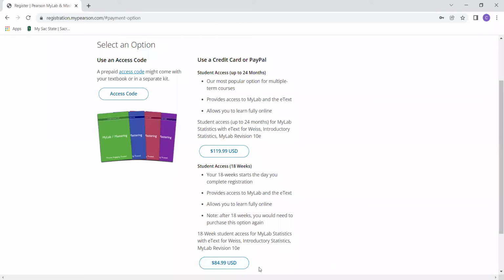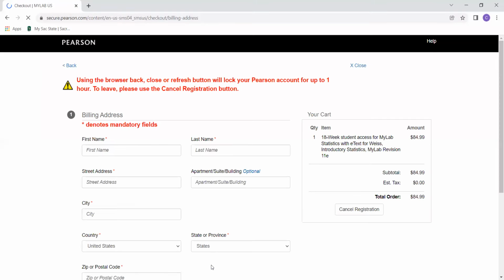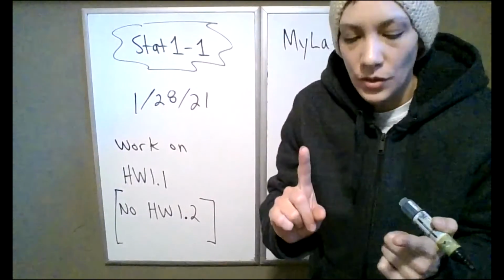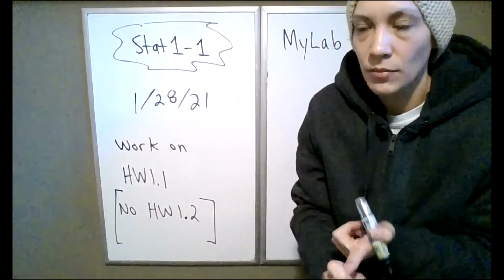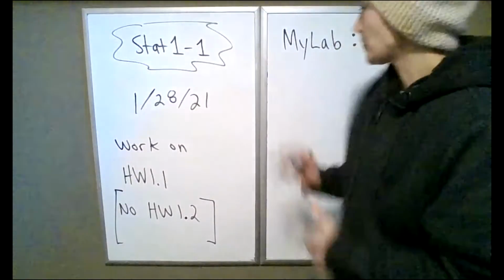Let's see what this does. Okay, it's asking me to pay. And then you would be paying with your own money, like a debit card or credit card. So let's come back out. I say choose the 18-week option.